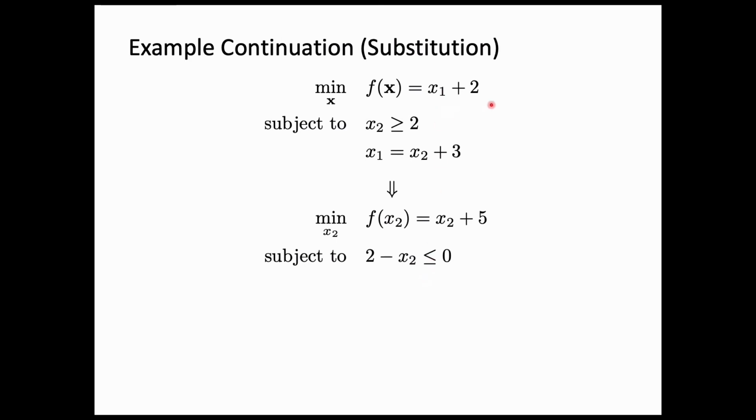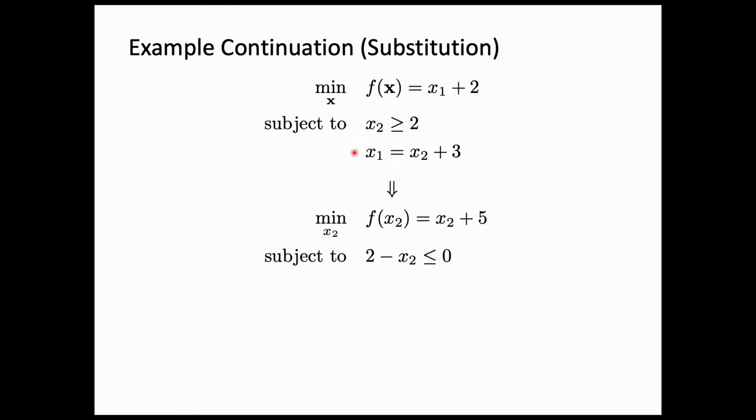Remember, we have a linear objective function, a linear inequality constraint, and a linear equality constraint. We identified that this only has a single degree of freedom in the optimization space because of this constraint.